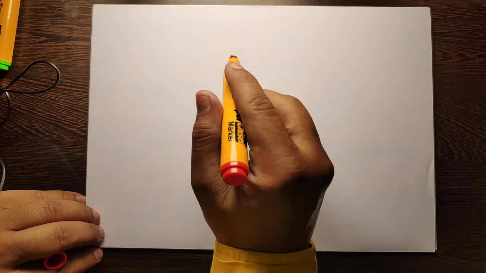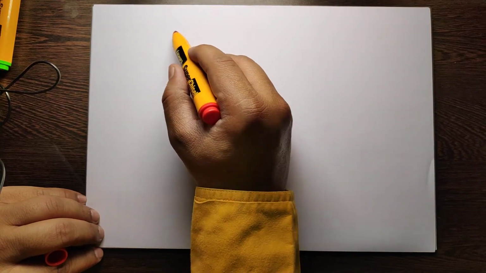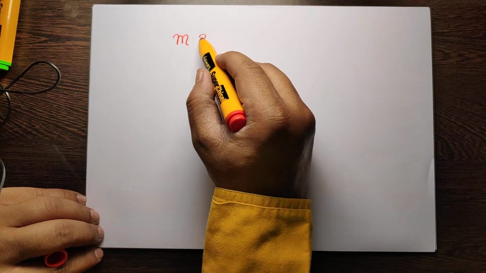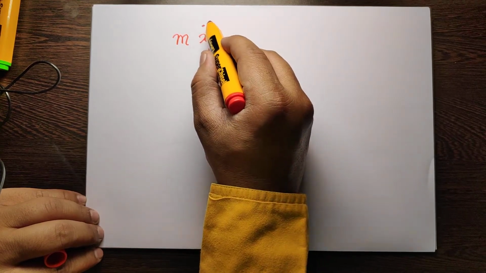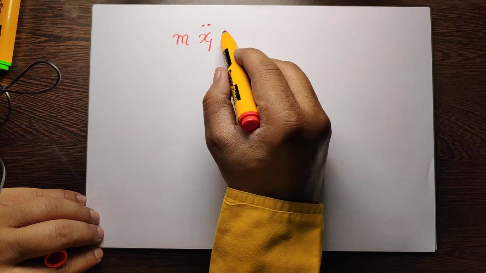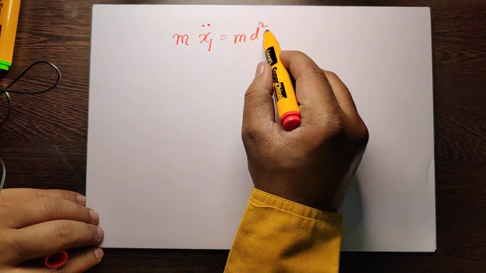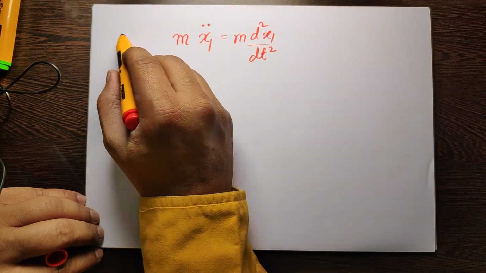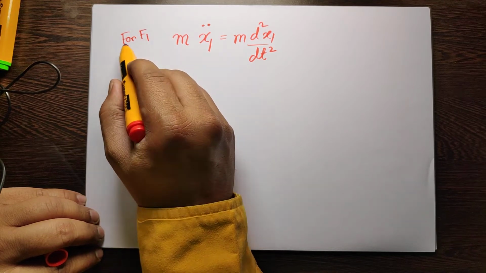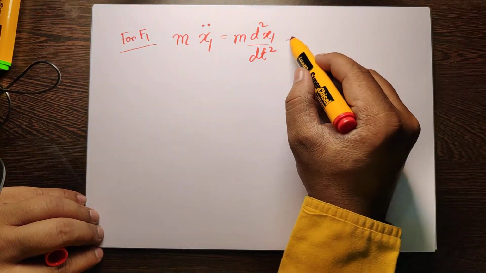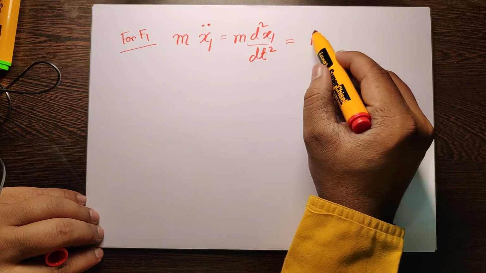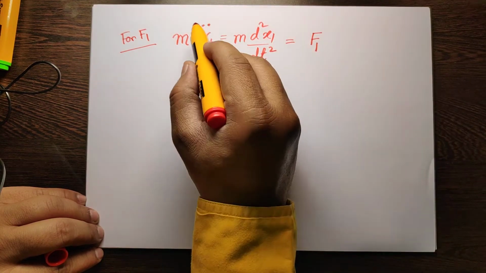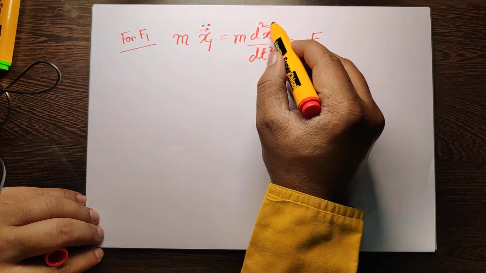Now, if you look into the root cause of it, the force causing SHM is, say, m, the mass of the particle, into the double derivative. For SHM1, that is, due to the force F1, let's put a vector sign on this, in general.